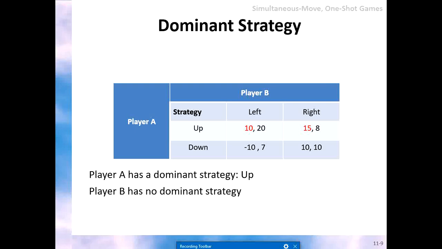If he chooses left, he gets 20. But if player A chooses the down strategy, then player B again chooses left or right. If he chooses left, he would get only 7. But if he chooses right, he may get 10. So you can see here, player B does not have a dominant strategy.